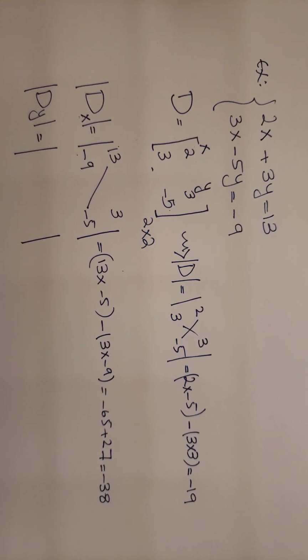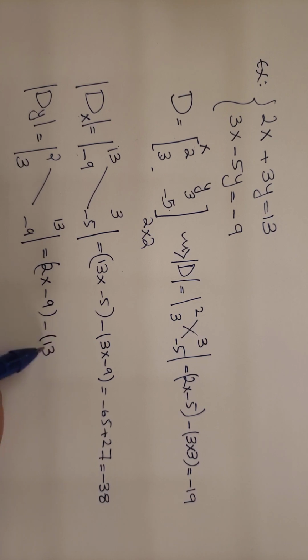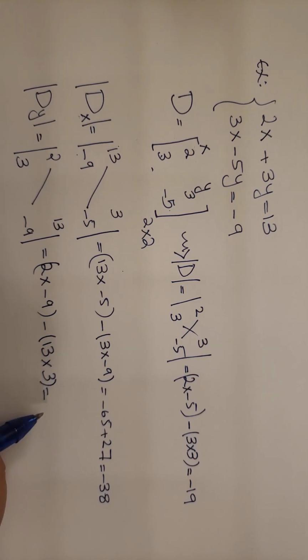Here, the first column wouldn't be changed, so 2 and 3. But the second column would be replaced by the constants, which are 13 and negative 9. Then I have to calculate the determinant, which is 2 times negative 9, minus 13 times 3, and the final answer would be negative 57.